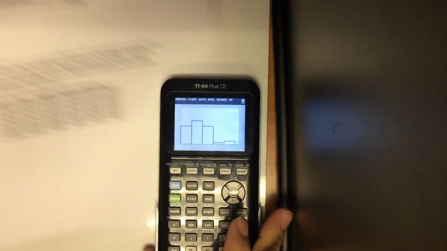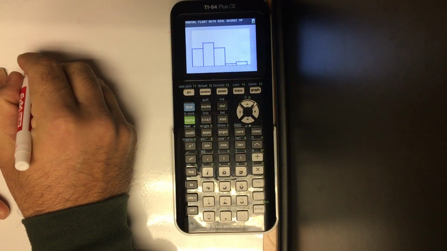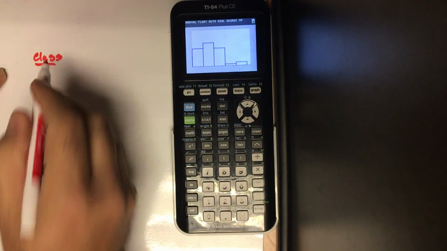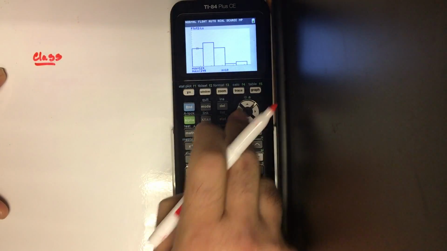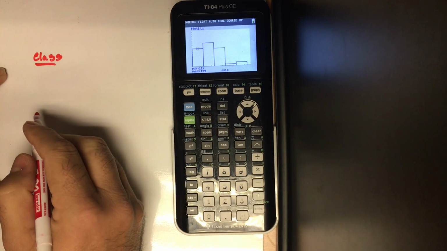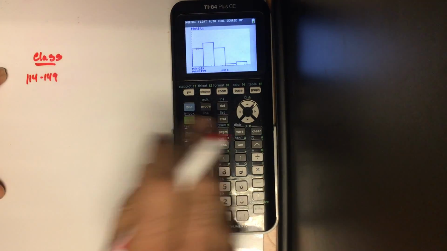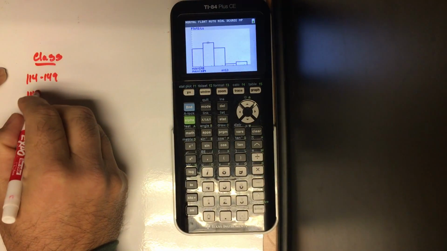So I'll get this out of the way. Here's my table, and here's my class. My first class is from 114 to 149. My second class is from 149 to 184.